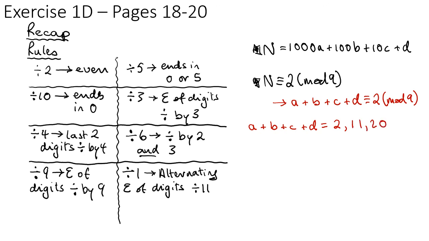So I could keep on adding 9s, or I could keep on taking away 9s. So some other possible values are -7, -16, -25, and so on. But there's probably going to be something in the question which is going to allow us to cancel out some of these values because they're not going to be valid.